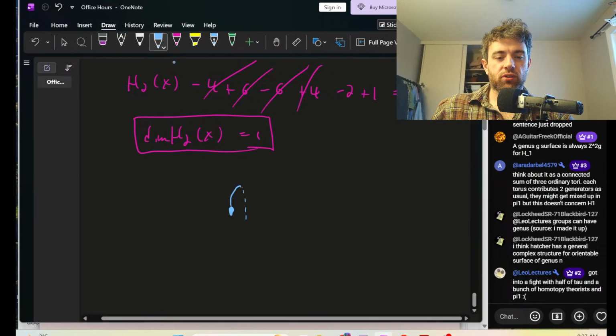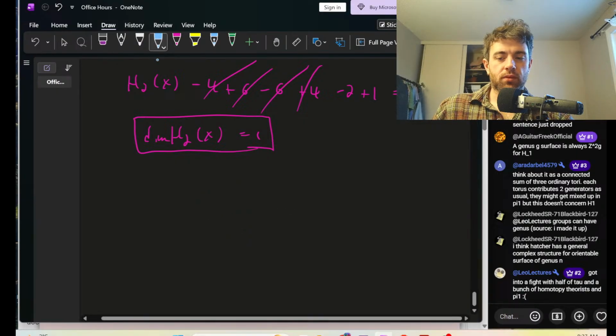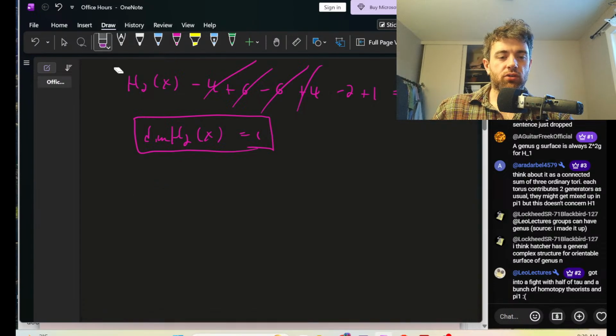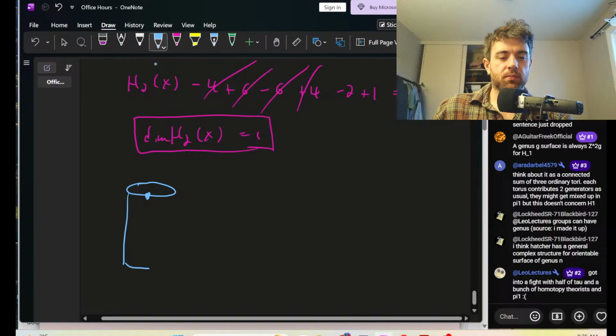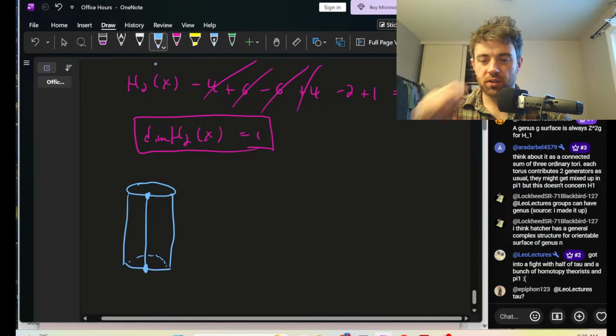Can we have a single loop as such, and then we have another loop? Yeah, what am I trying to say here? How do we even just set up, let's say, an ordinary torus? Can we do something like this?